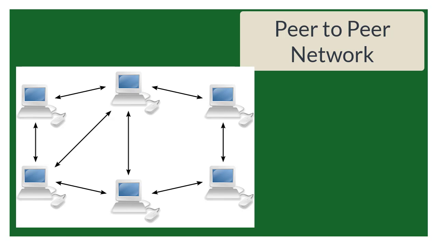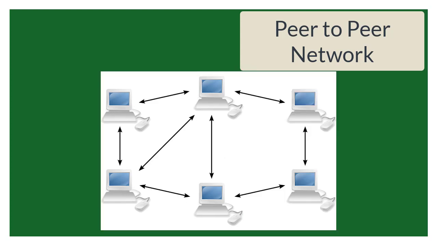Let's take an example of hotspot again. In client server example, if you close your hotspot, your friends can't use internet. But in peer-to-peer, everyone is server and everyone is client. Like we all have SIM and netpack in mobile so that we can exchange any data with each other.